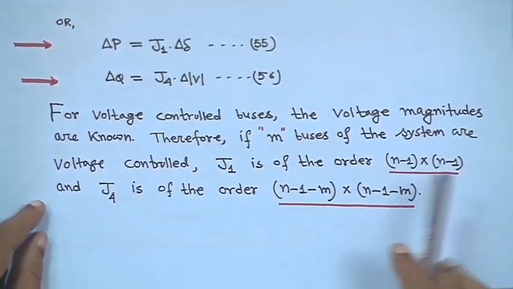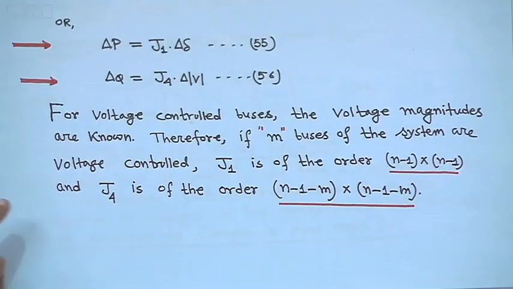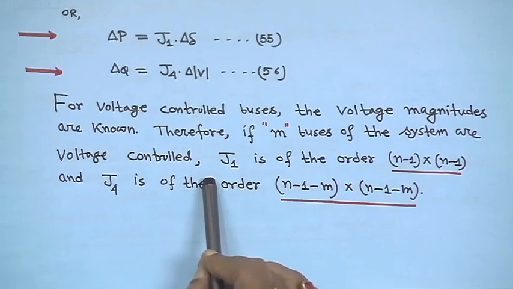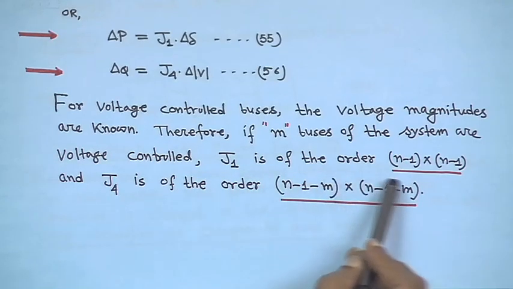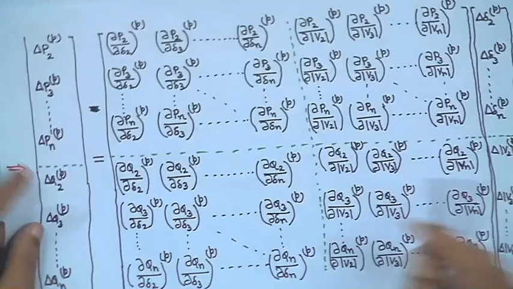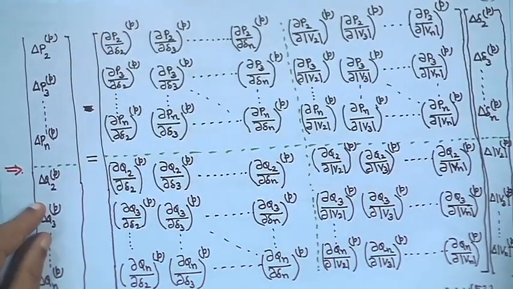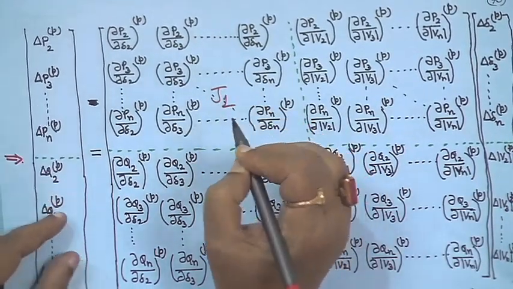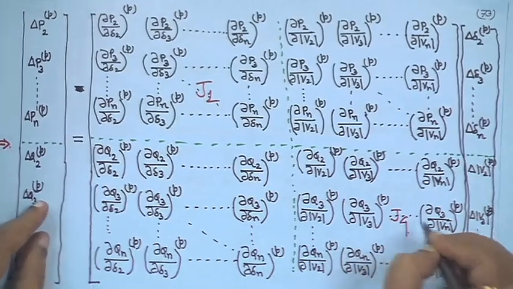Therefore, for voltage control buses, the voltage magnitudes are known, right. That means, if you have a voltage control bus, voltage magnitudes are known. Therefore, if m buses of the system are voltage control buses, J1 will always be of the order of n minus 1 into n minus 1, because this is your J1 matrix and this matrix is your J4, right.